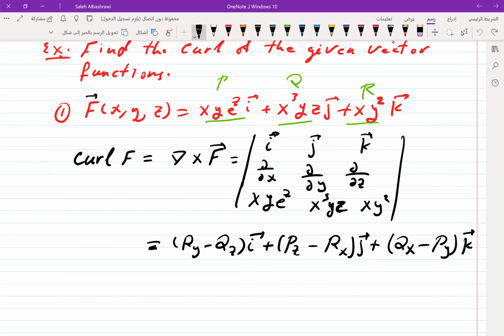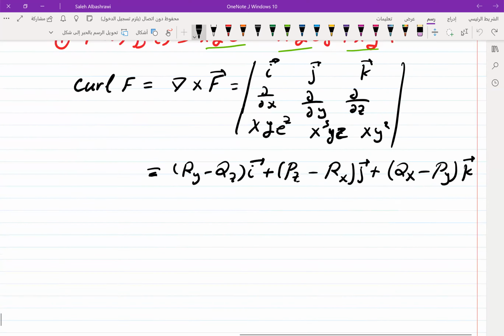Either use the determinant or use the direct one.